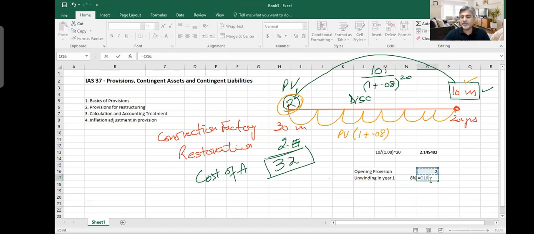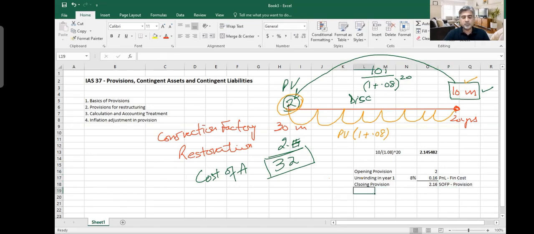So this is 2 million times 8%, which is 0.16. I make a total, and this 2.16 becomes my closing provision. What happens is that this 0.16 goes to your P&L as your finance cost, and the 2.16 goes to your SOFP as your provision.